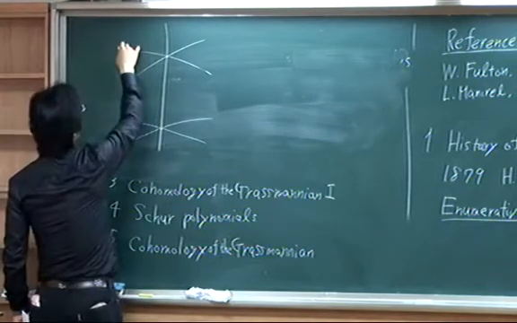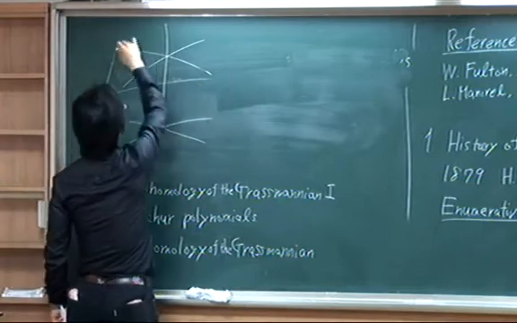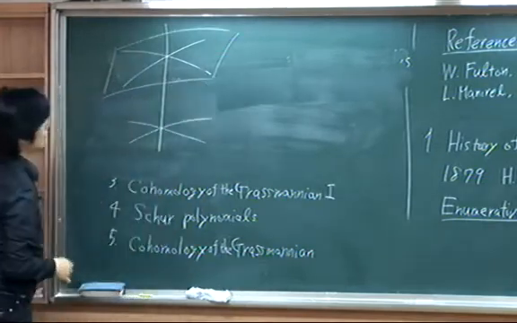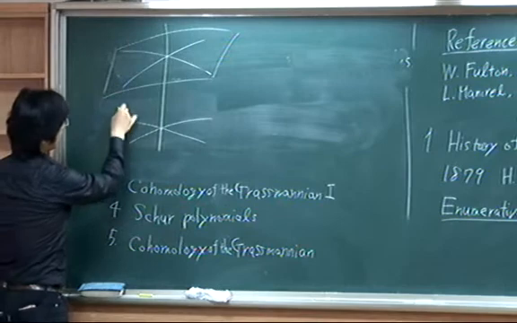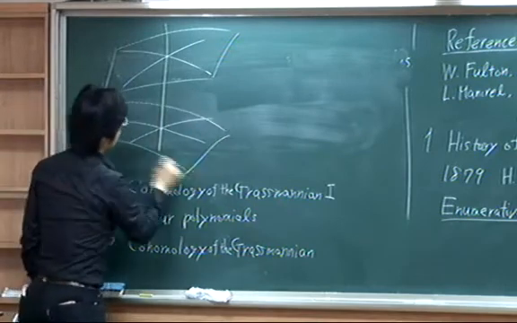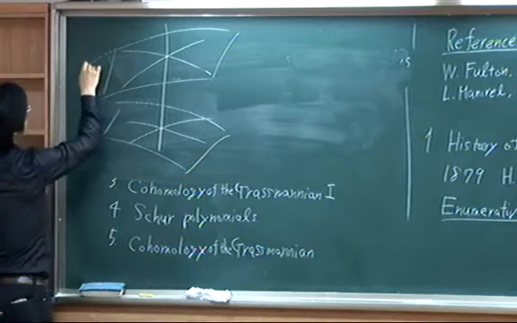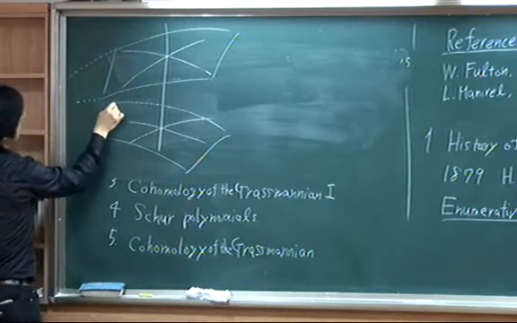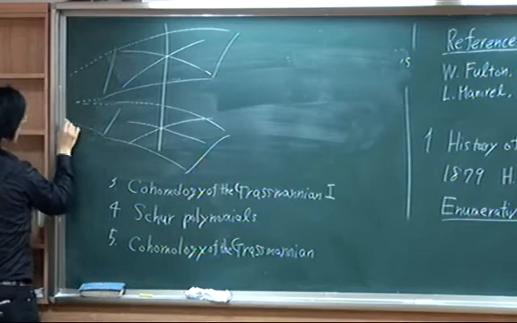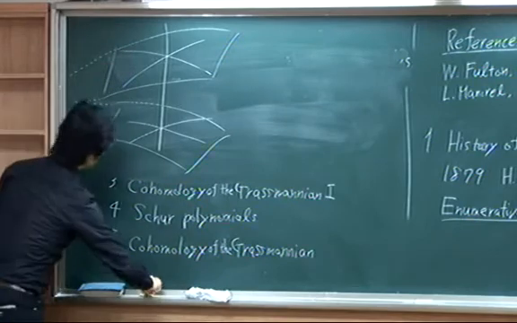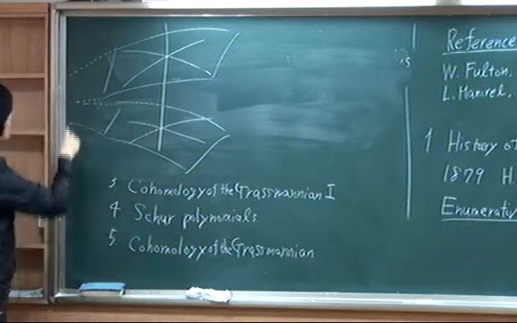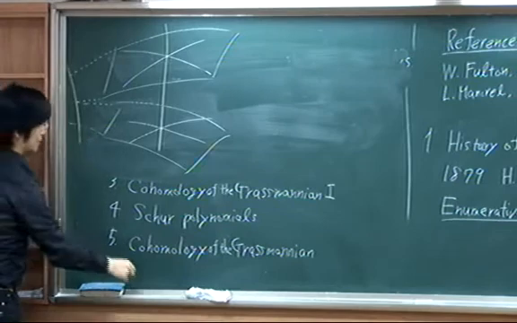First 2 lines span a plane. The second 2 lines also span a plane. These 2 planes intersect, and the intersection is also one line.